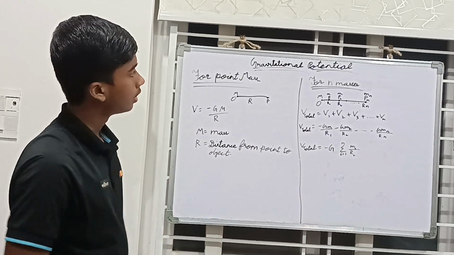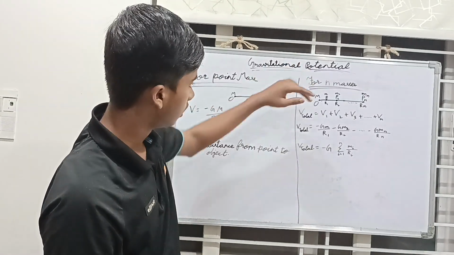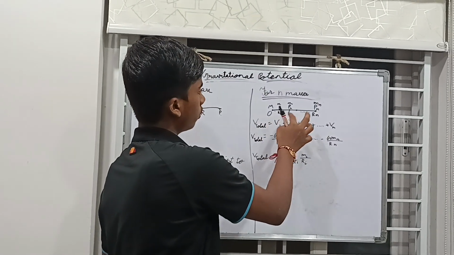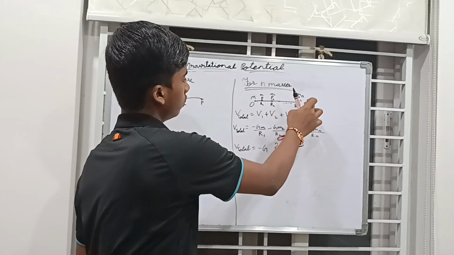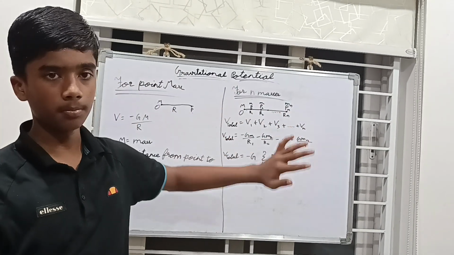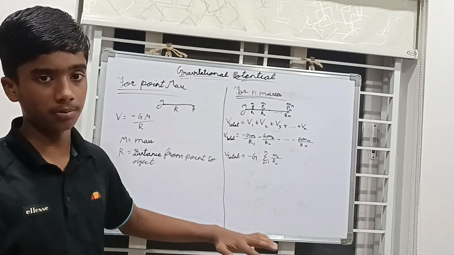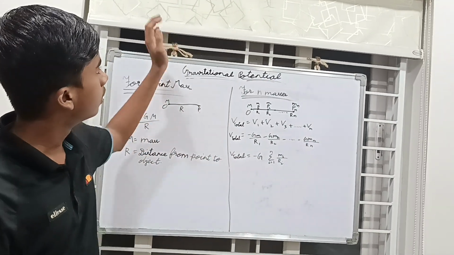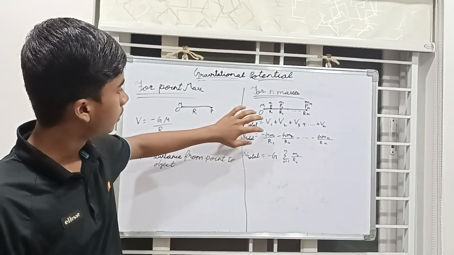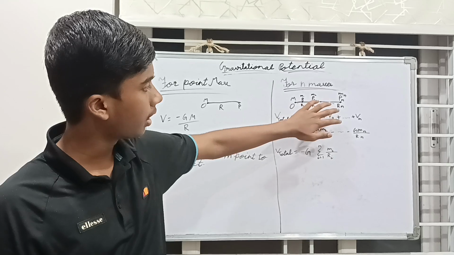Now let's go on to n masses. From the object to point P, there are a number of masses, a number of points, in which the total gravitational potential will be equal to V1 plus V2 plus V3 plus so on.